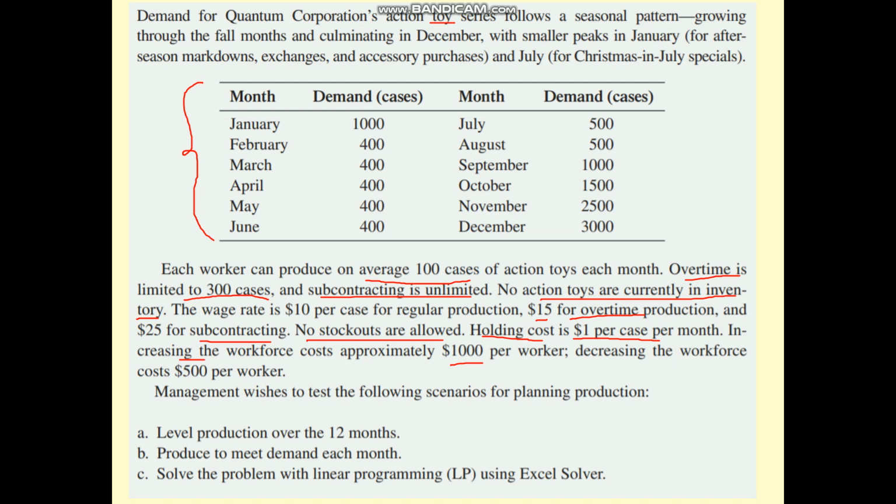This also means the hiring cost. To increase the workforce, it means you have to hire someone, right? So to hire a person, you have to pay $1,000. And to decrease the workforce, it means you have to fire someone, and it costs $500 per worker.